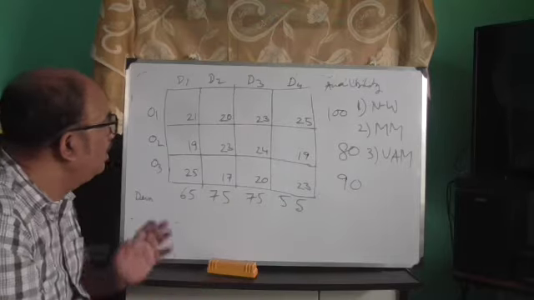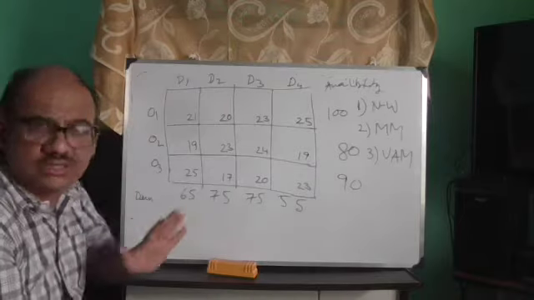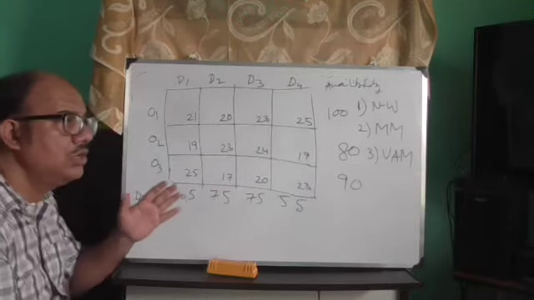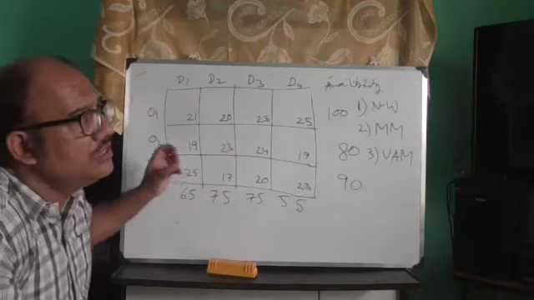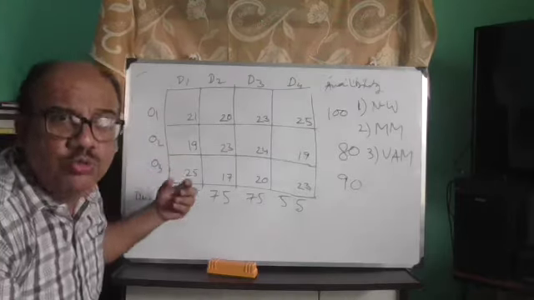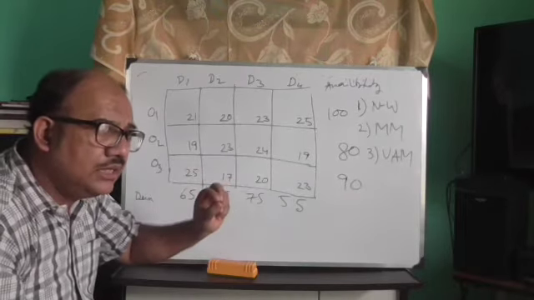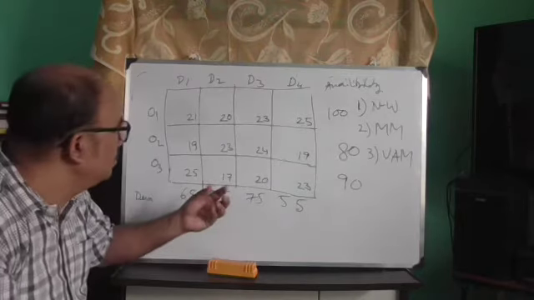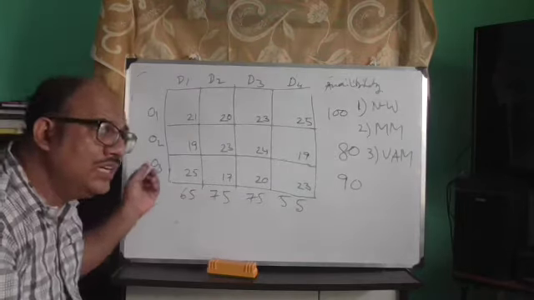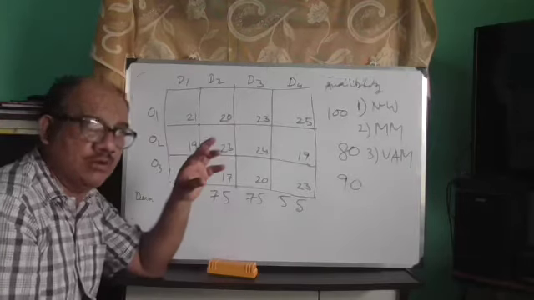Now, as we have said, there are three questions to answer. We have to take some units from some origin to some destination. And the third question to be answered is how many units. So from where to where are two questions, and the third question is how many units.